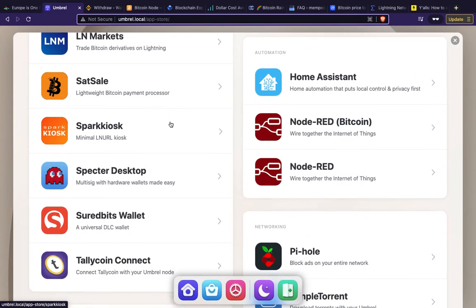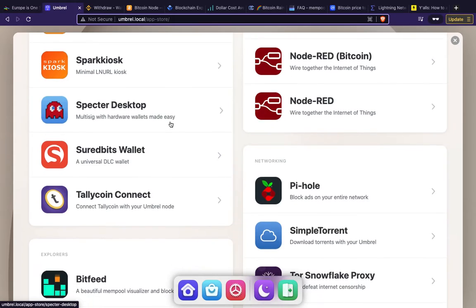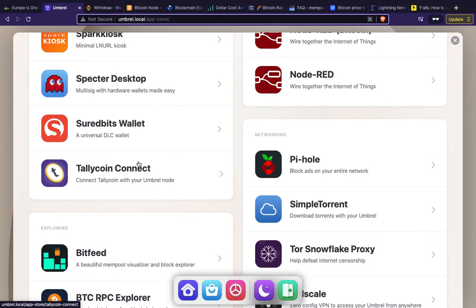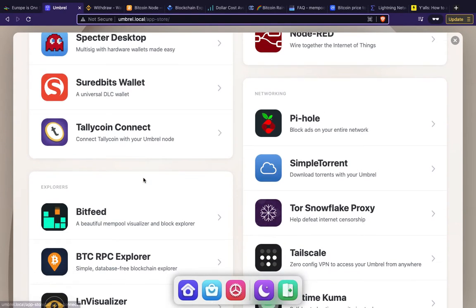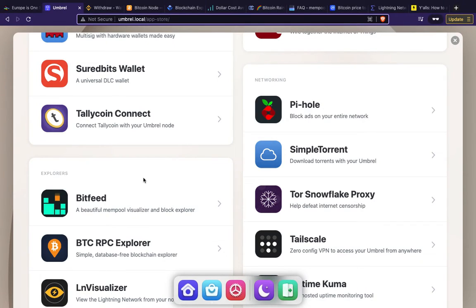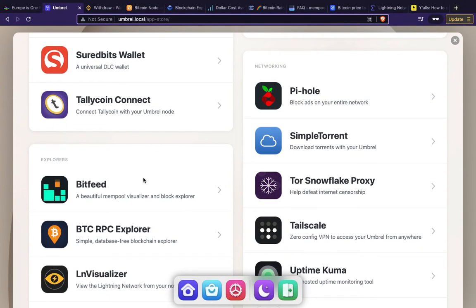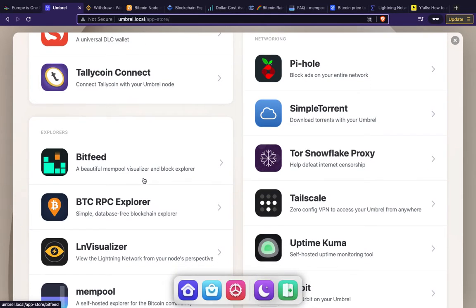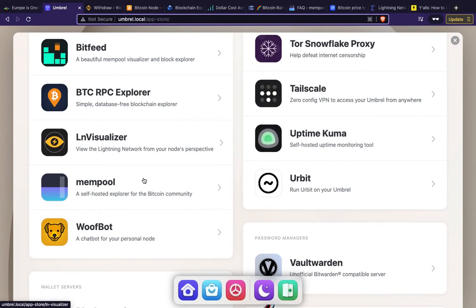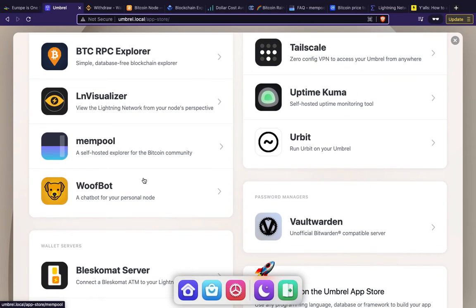Because they believe in the strongest foundation. Tallycoin, of course, is a really useful website. Connect Tallycoin with your Umbrel node, which is really interesting. This is the most interesting thing in this industry.